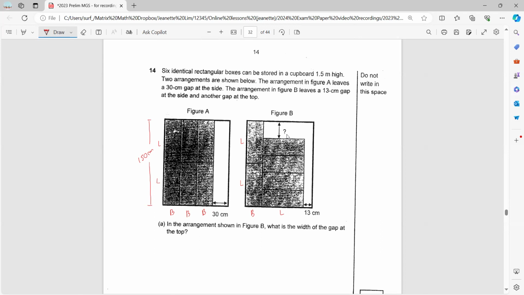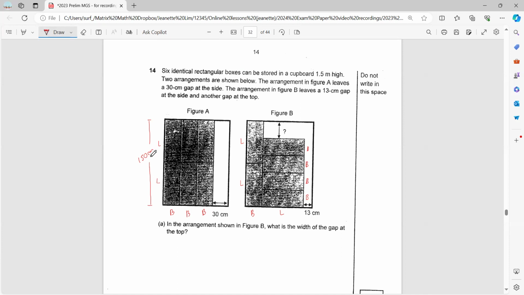And this is B, B, B, B. So if we can find L and we can find B, technically 2L minus 4B will give you this gap over here.